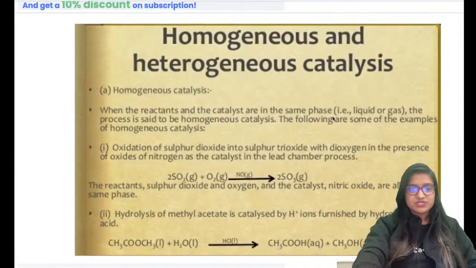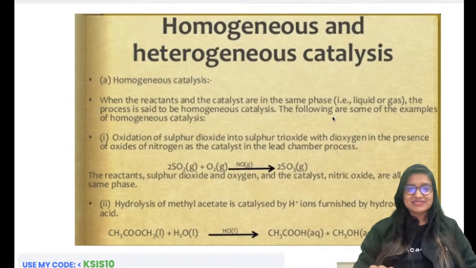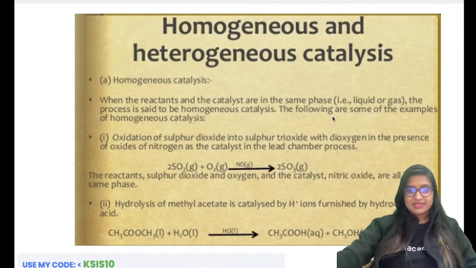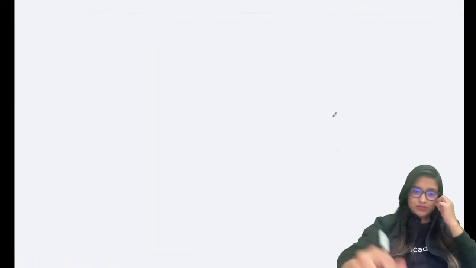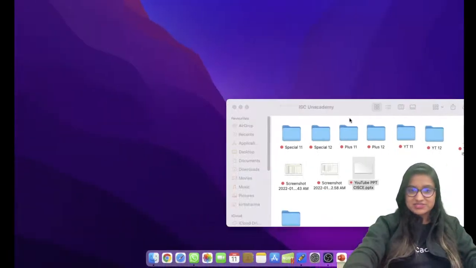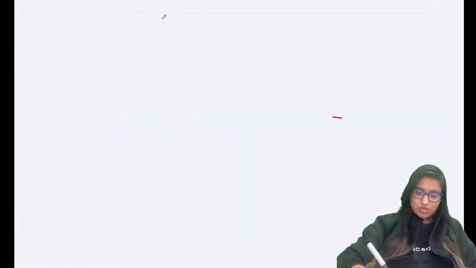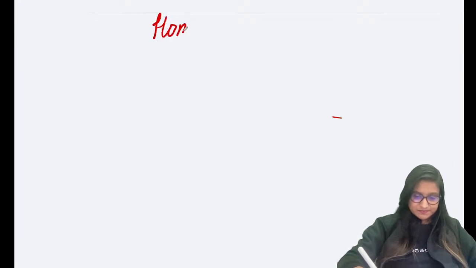Okay, let's move on to the next thing, that is homogeneous catalysis and heterogeneous catalysis. So we discussed what is homogeneous catalysis. Let's talk about homogeneous catalysis.